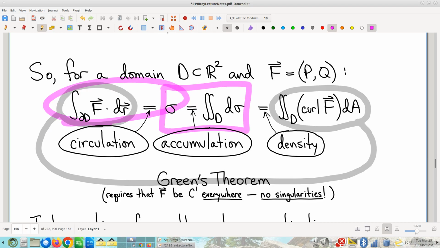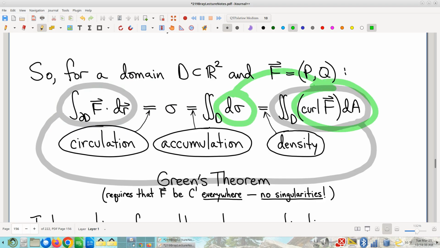Whole is the sum of the parts. That's what this says. And accumulating quantities have associated densities, and so stuff is stuff per unit size times size, and this is what that density ends up being. It's this thing that we call curl.